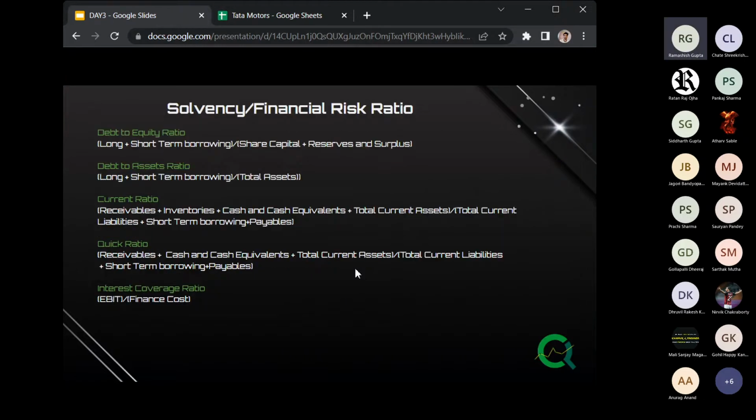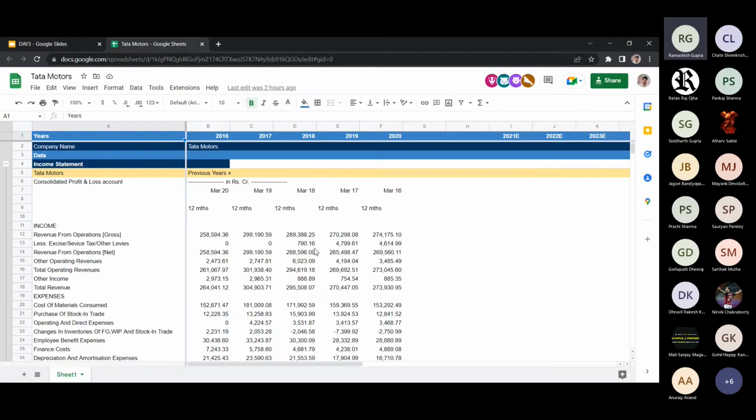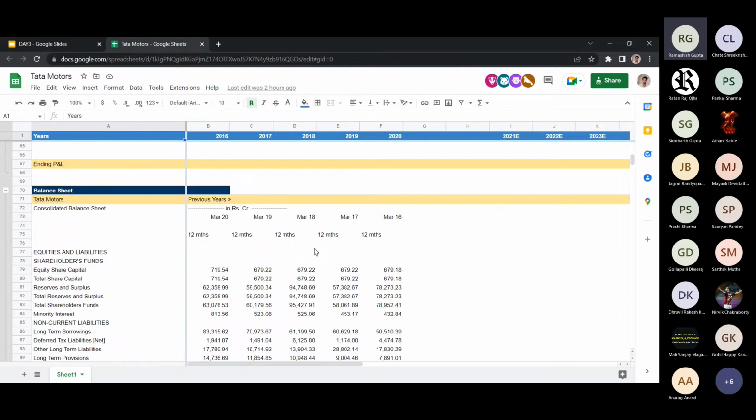Next, here are some formulas for these calculations. And meanwhile, we'll just run these formulas on Tata Motors stocks. So let's start with debt to equity.